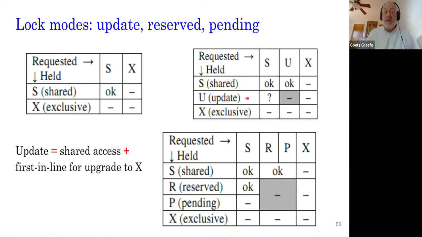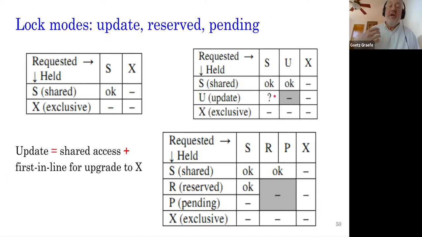Now, if somebody already holds an update lock and somebody else wants an update lock, as far as reading, that's okay. But because now both transactions want to be first in line for anything, that doesn't work. So a second update lock is not compatible with the first update lock.